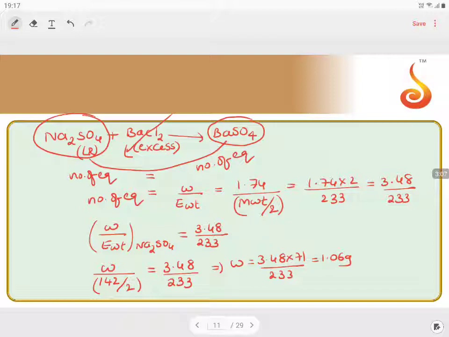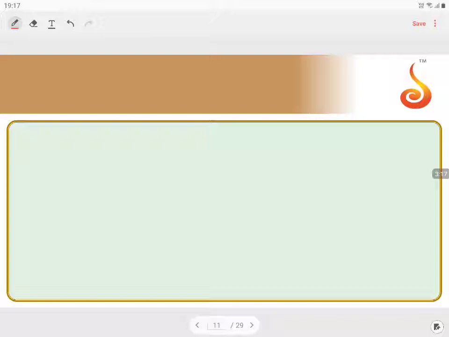Now the question comes, percentage purity. Percentage purity of Na2SO4 will be equal to weight of pure sample by weight of impure sample into 100.